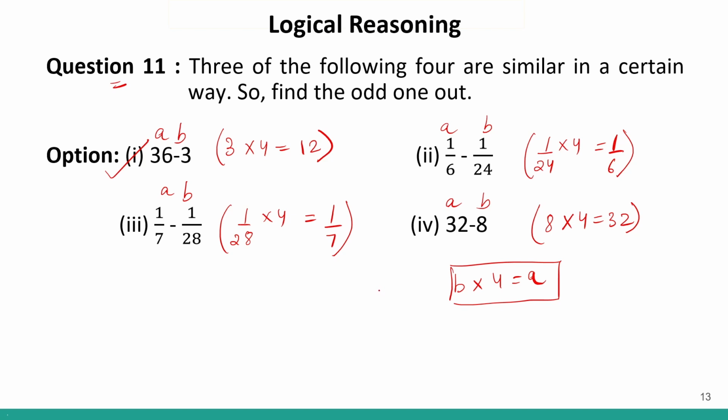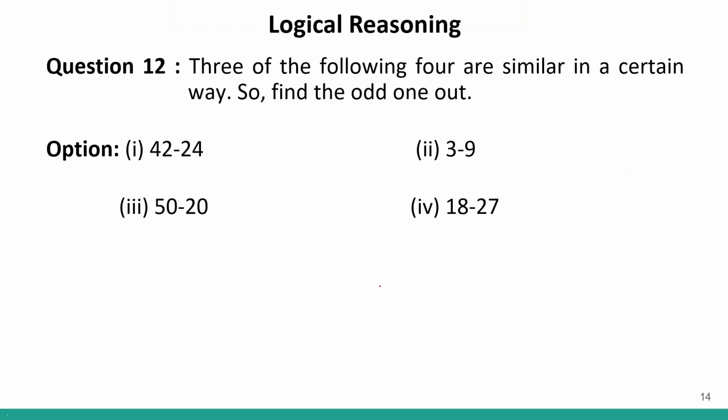Okay, clear? Now, question number 12. Three of the following are similar and we have to find the fourth one which does not follow the same logic. So when I look at these, I can say that 42 and 24. 24 can be written as 8 into 3, correct?